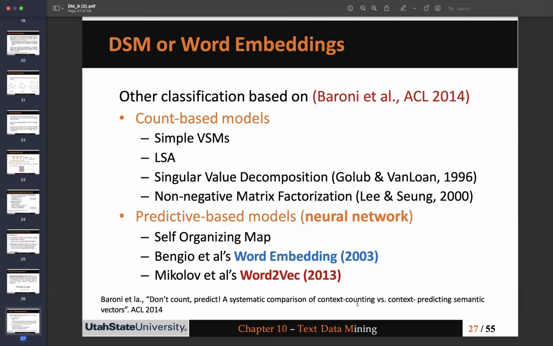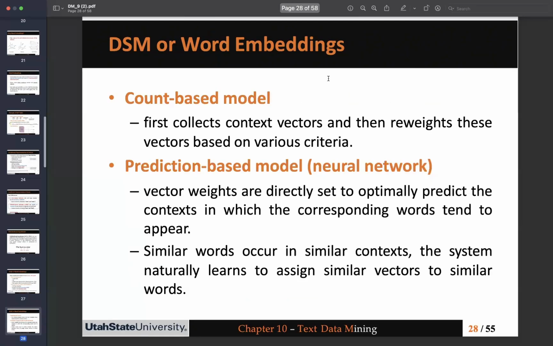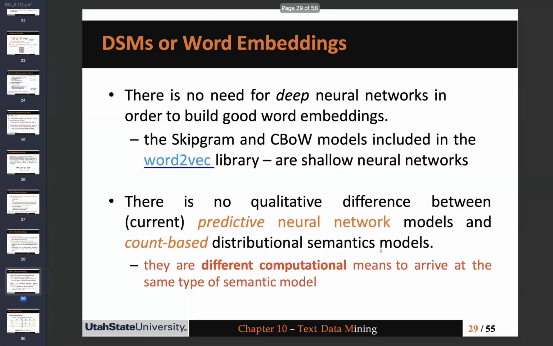Whenever you're using a neural net, these are within the predictive-based model category within the distributional models. So for the case of the predictive-based models, as I mentioned earlier, there is no need for a deep neural network. The Word2Vec library uses a shallow neural network.